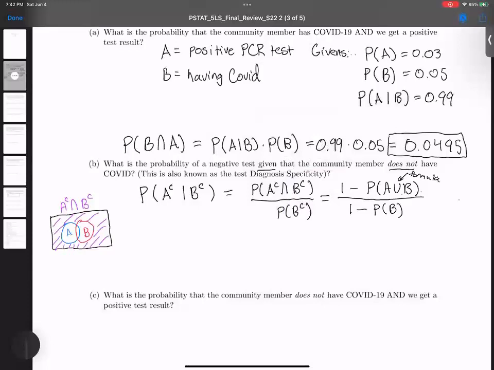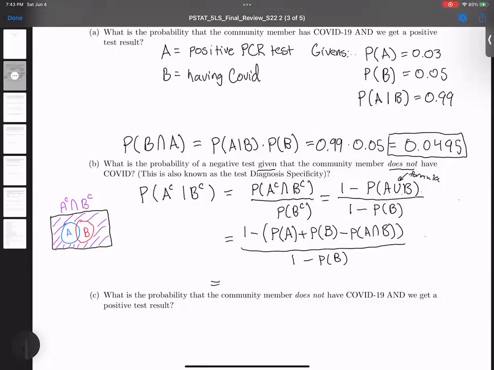Remember that the probability of A or B is equal to the probability of A plus the probability of B minus the probability of A and B. So it's going to be 1 minus the probability of A plus the probability of B minus the probability of A and B. And then this is still divided by 1 minus the probability of B. I'm running out of room here, so hopefully I can scrunch this onto the last line.